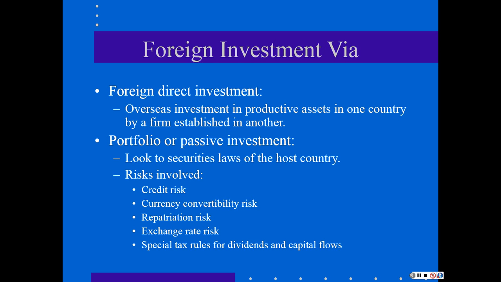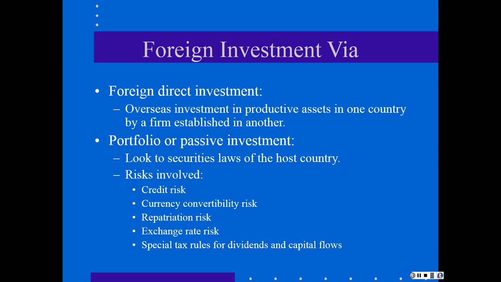There may be limitations on repatriating the foreign currency into the U.S. Exchange rate risk. Any time that you're dealing with foreign currency, there may be fluctuations in the exchange rate. They can go up or go down.